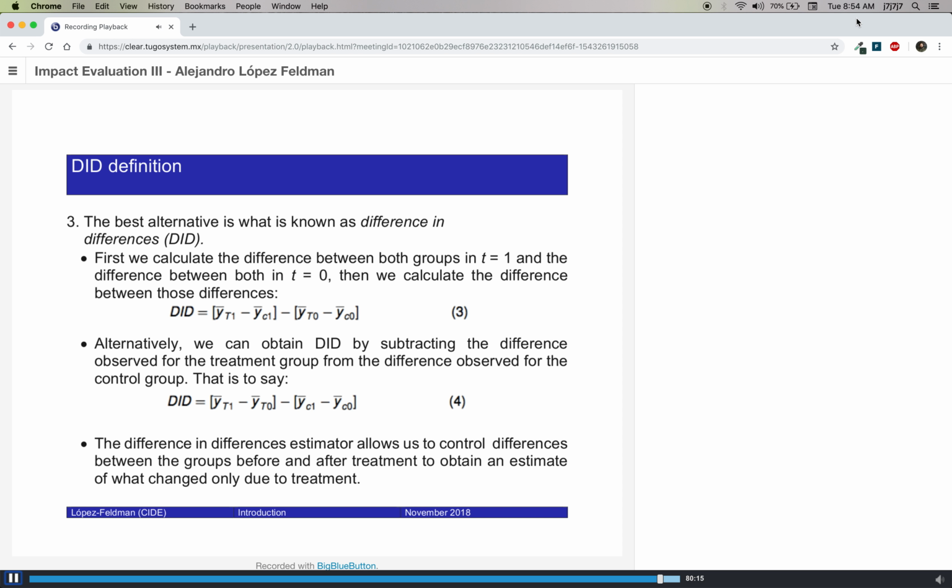The intuition behind this is that this group had an average difference of $100. When you implemented the program, this difference changed, and now it is equal to 120. So the difference due to the program is not 120, because they were already gaining $100 extra.